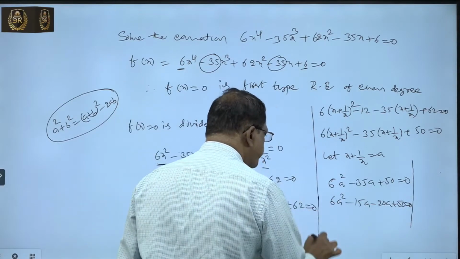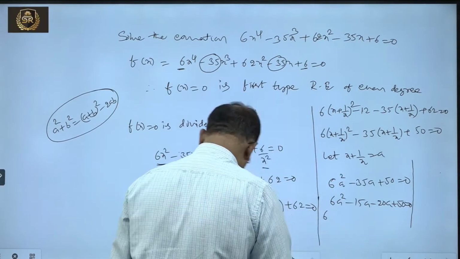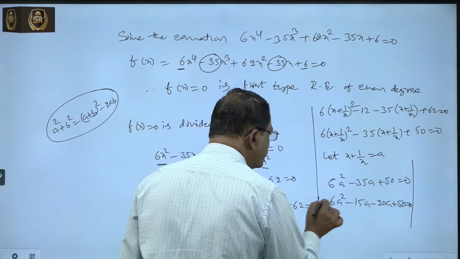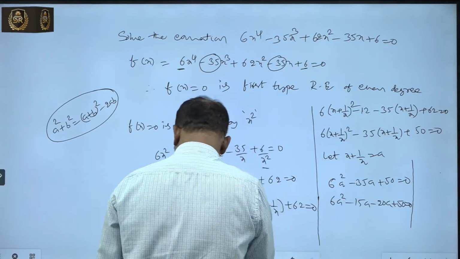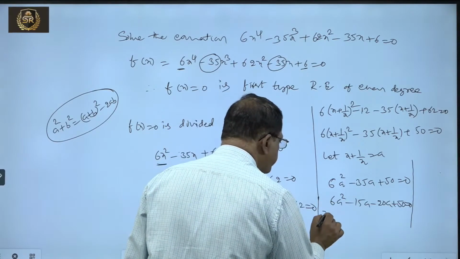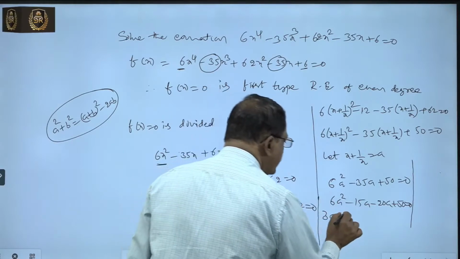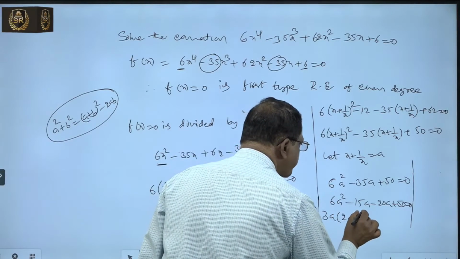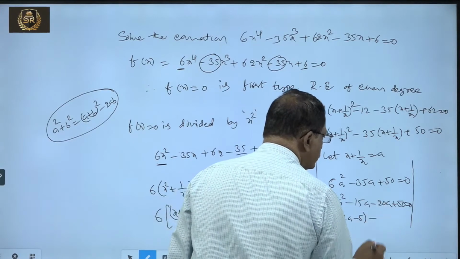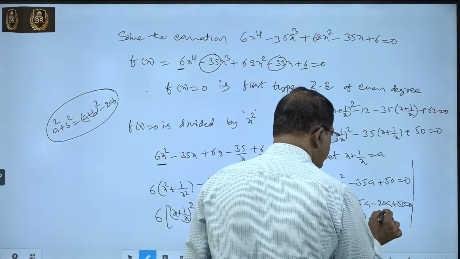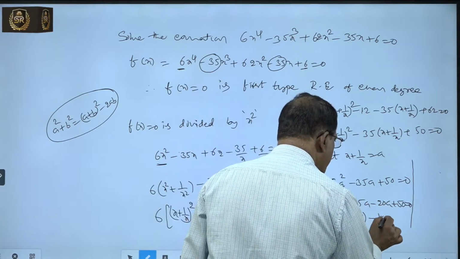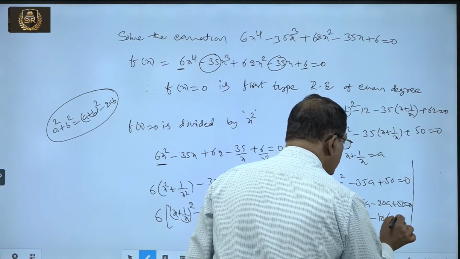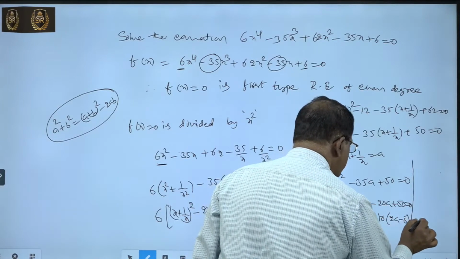Now, 3a common, we get 2a minus 5, minus 10 common, 2a minus 5 equals 0.